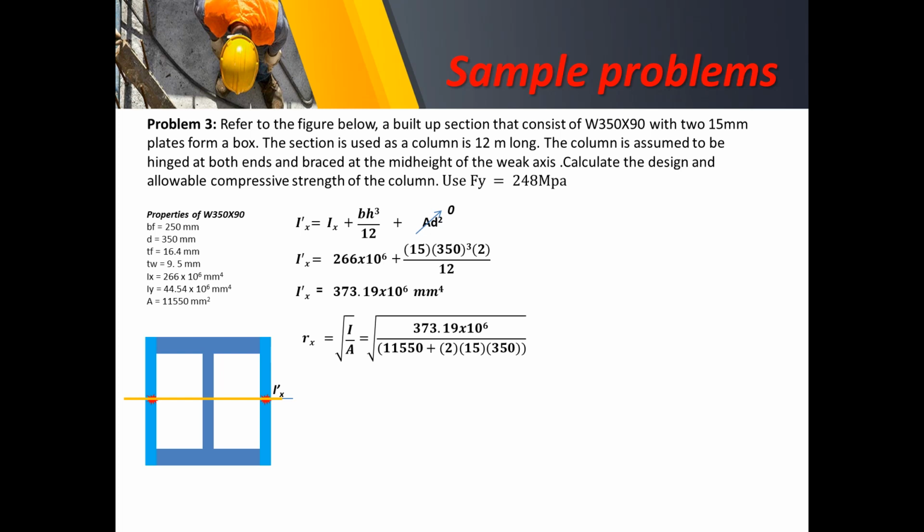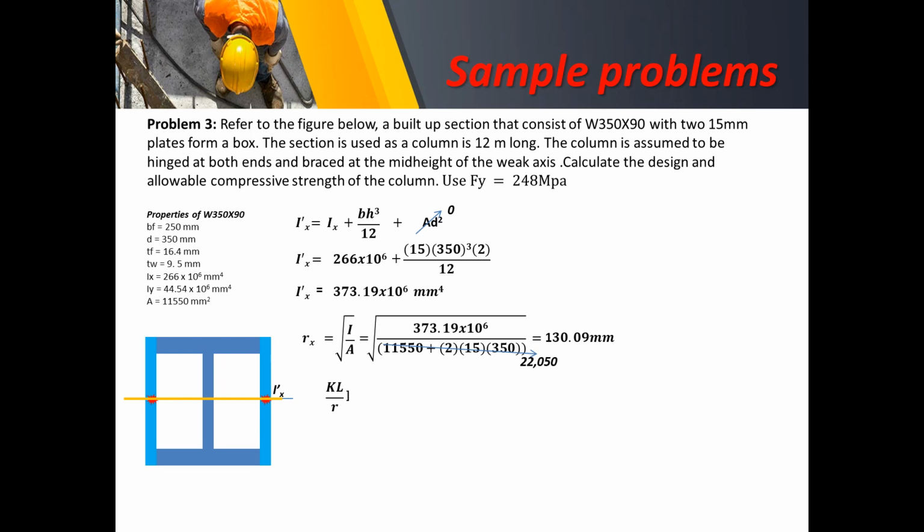That is why 11,550 will be combined with that area of 2 by 15 by 350. By the way, this area is equal to 22,050. So this will be equal to 130.09 millimeters.